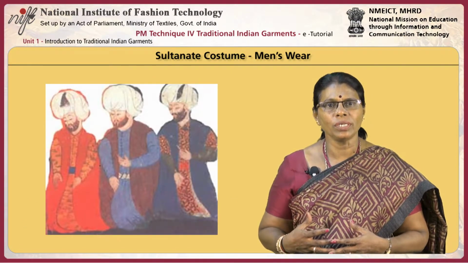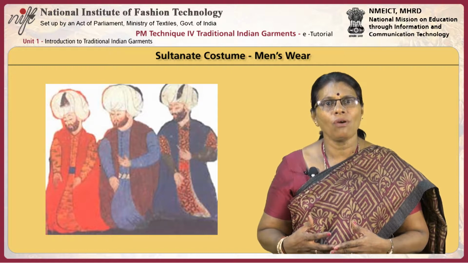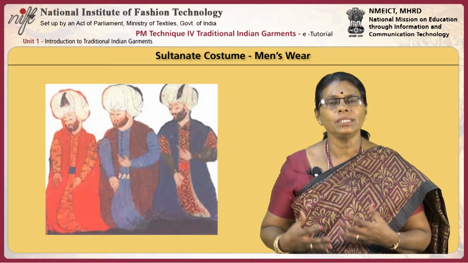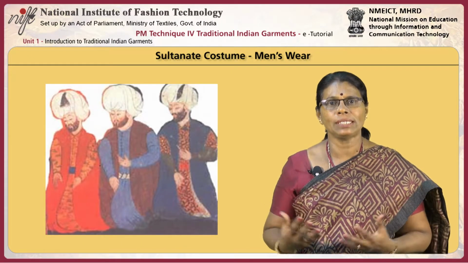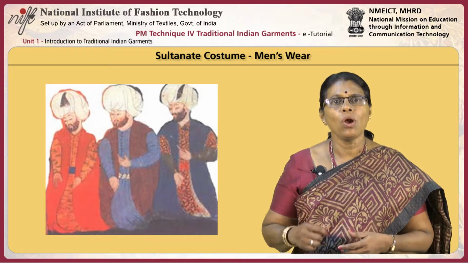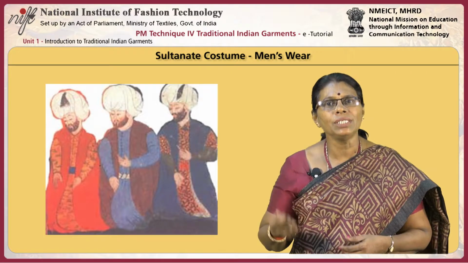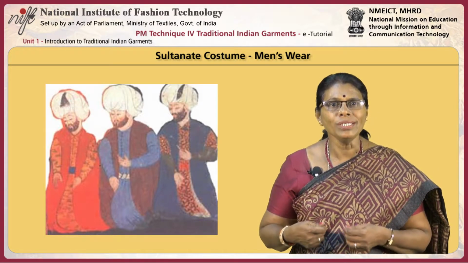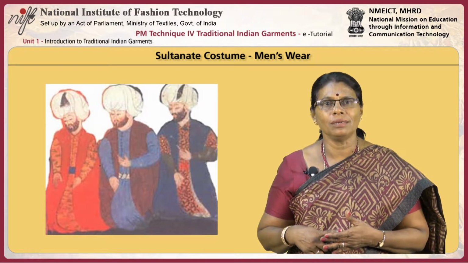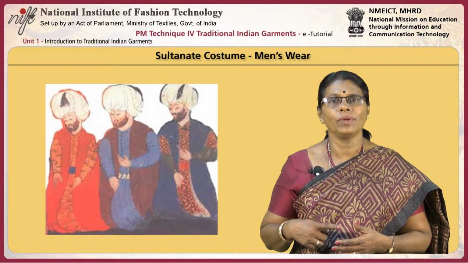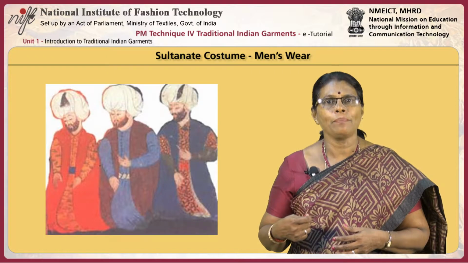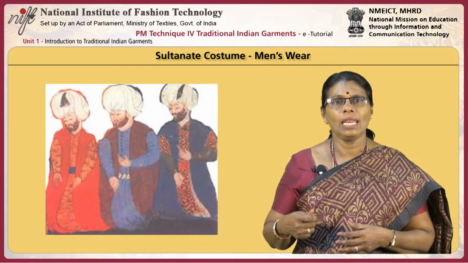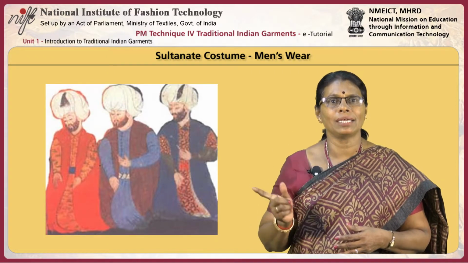The most important garment for men of the time would have been the turban. This was sometimes of enormous size, with fabric wound around the head many times. It was usually white in color. Sultanate turbans were wound tightly around a skull cap with the end left dangling at the back.